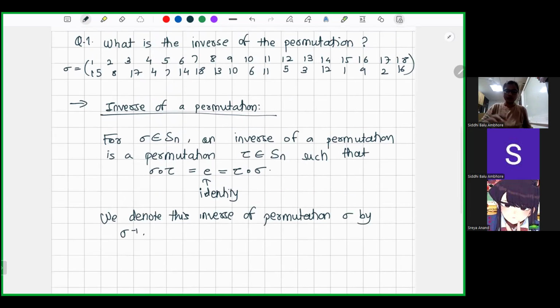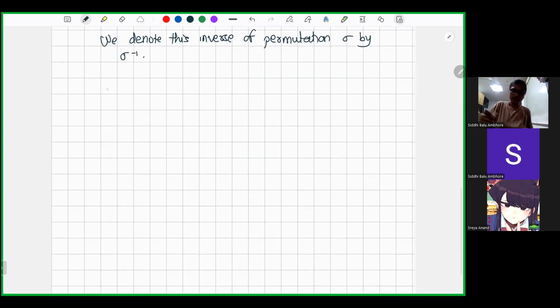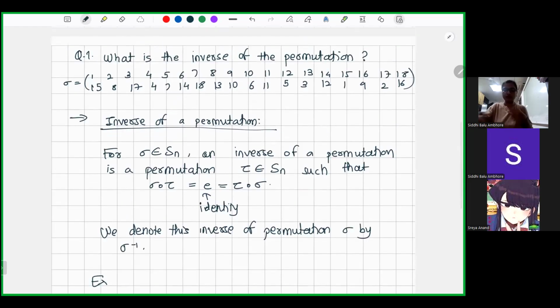So that's the question. There are multiple ways by which we can find this inverse. First, let us start with an example, because this permutation is in S18, which is pretty hard to understand in one go.